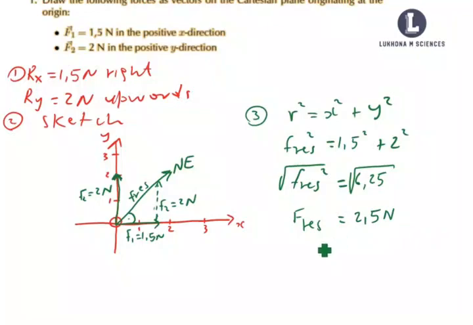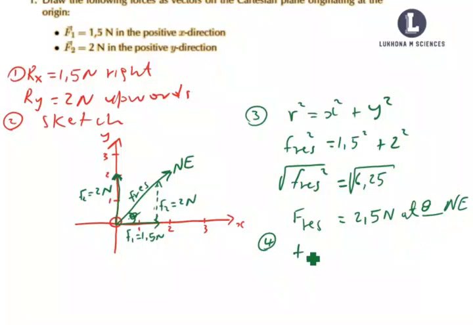Now we need the angle. We need this theta here, and we know that it is north of what? North of east. Now let's calculate theta. That is step number 4.